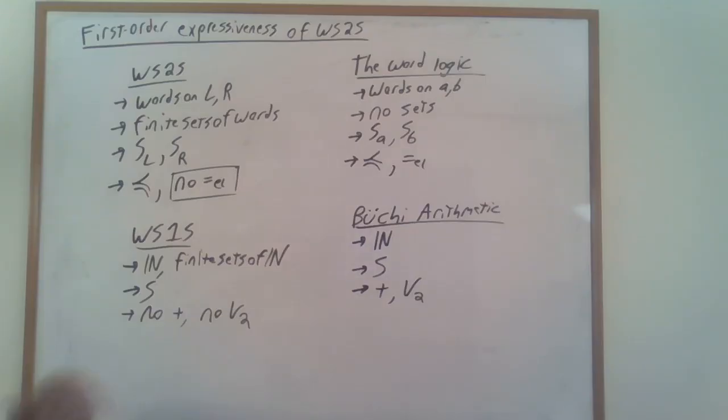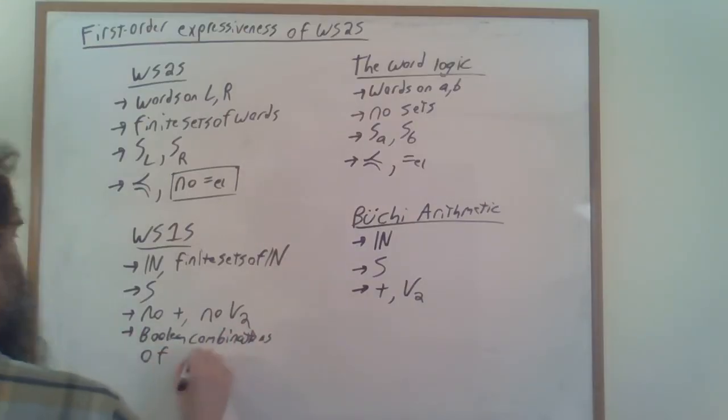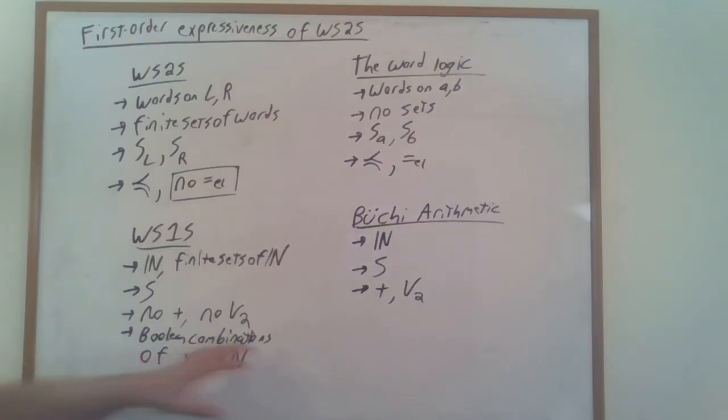And then also in the previous video where I compared these, I actually worked out exactly what weak S1S could say about natural numbers. And it essentially amounted to Boolean combinations of assertions that the difference between two numbers fell into some eventually periodic set of natural numbers.